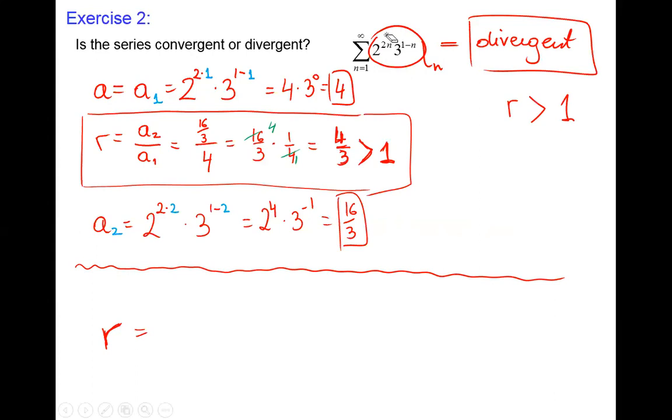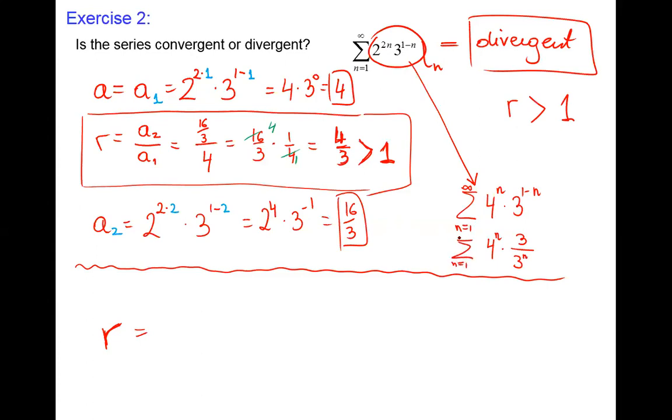I can rewrite it: 4 to the n, and 3 taken to the power of negative n, which I can even rewrite as 3 to the power of 1 over 3 to the power of n.